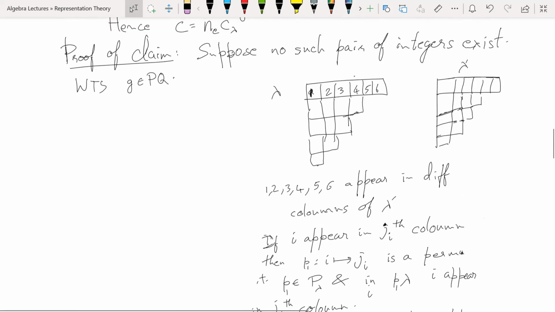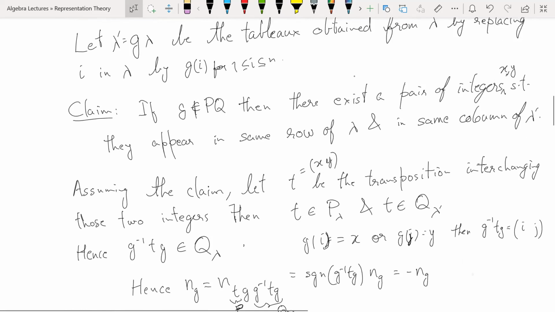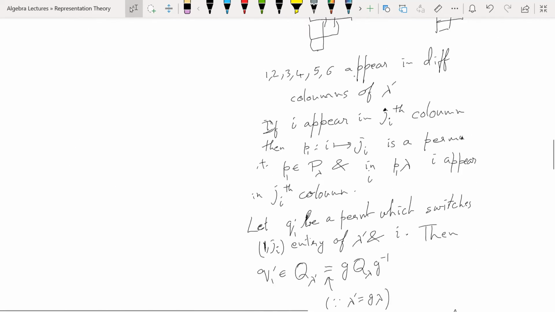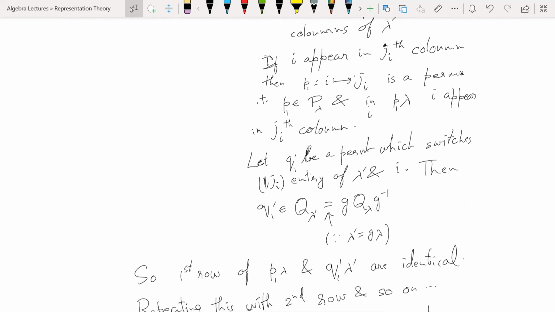Yeah, so what was lambda prime? Lambda prime was G lambda. But by what I had explained, Q lambda prime is the same as G Q lambda G inverse.